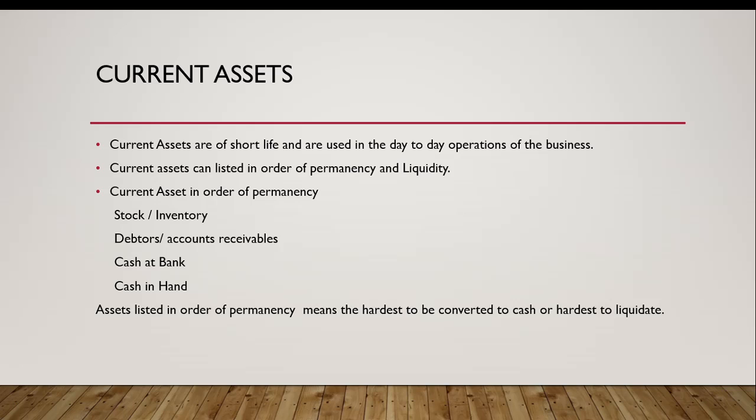I'll give you an idea. So we have four at this level. When you start accounting in fourth form, you're going to be learning about current assets, as we did just now, and the types of current assets. At this level, there are four types of current assets, listed in order of permanency, meaning the hardest to be converted to cash.